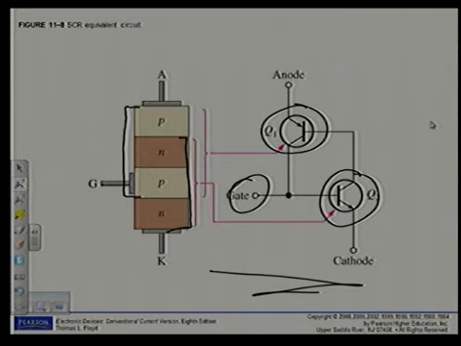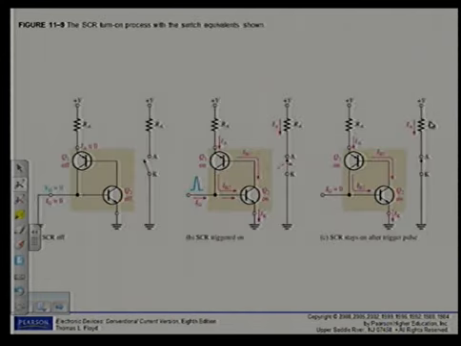Alright, let's have a look at the operation of this device. Figure 11.9, the SCR turn-on process with the switch equivalents as shown.